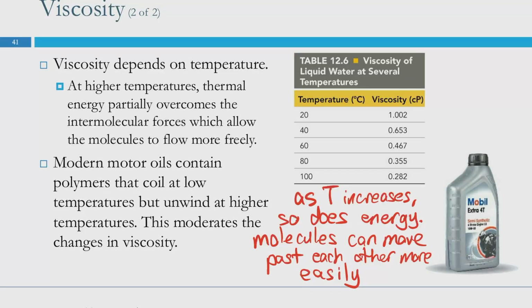If you've ever tried to pour honey, honey also has very high viscosity, especially when it's cold. You might be like, well, the honey's stuck in the bottle. I'm going to break my hands trying to squeeze it out. So what do you do? You either heat up some water and put the honey in it, or you throw your honey in the microwave for a couple seconds, warm it up, and then it runs a lot easier. You're decreasing the viscosity of your honey or your maple syrup or what have you.